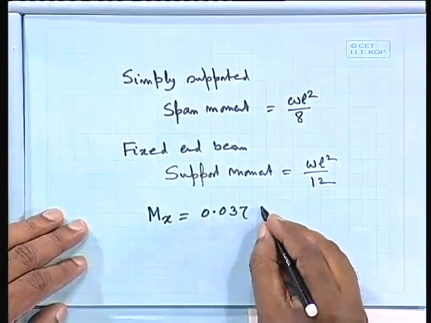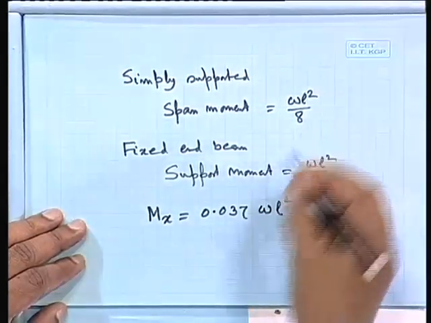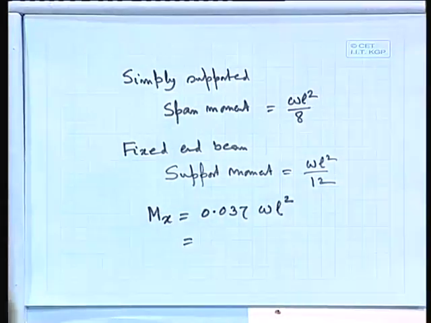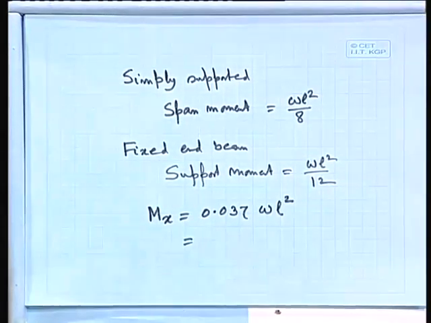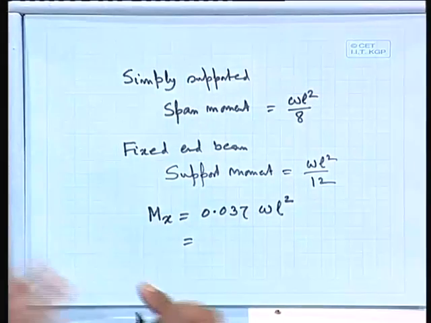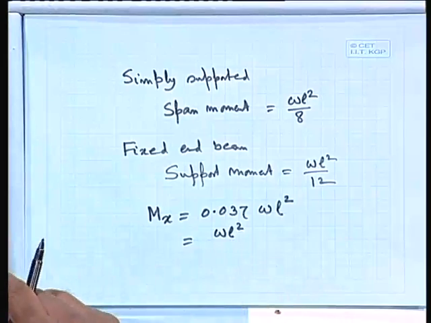0.037, let us say WL square or Lx or L square. So, if we write down that value, we can get this value, WL square.